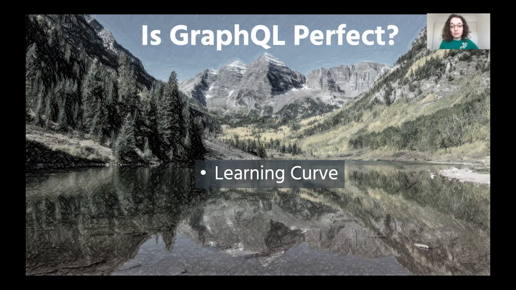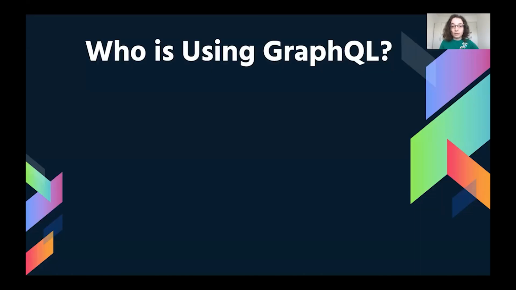Now, the second challenge is the maturity of GraphQL, because GraphQL was initially released about 5 years ago to the public, and its stable release was about 2 years ago. So it's not as mature as REST. However, the community is very active, and GraphQL is maturing by the day. In fact, who is using GraphQL?